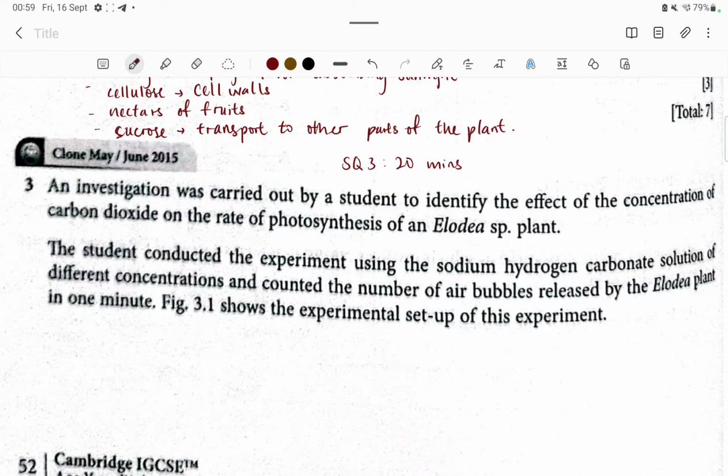An investigation was carried out by a student to identify the effect of concentration of carbon dioxide on rate of photosynthesis. So, concentration of carbon dioxide and then rate of photosynthesis. The student conducted the experiment using sodium hydrogen carbonate solution, of different concentration and counted the number of air bubbles released by this one, in 1 minute. 1 minute is the controlled variable.